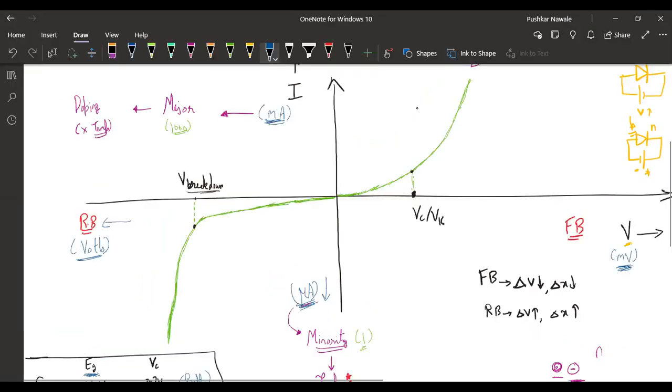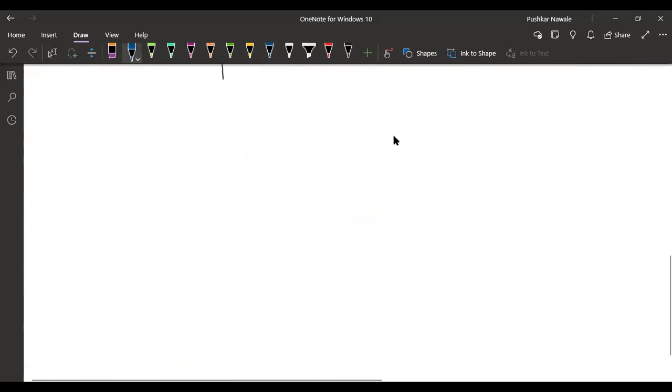So generally it is used as a switch. So in a switch what happens? Suppose there is a diode like this.